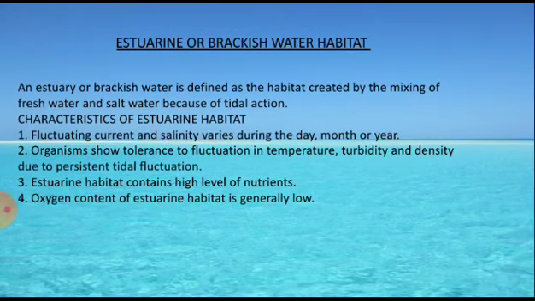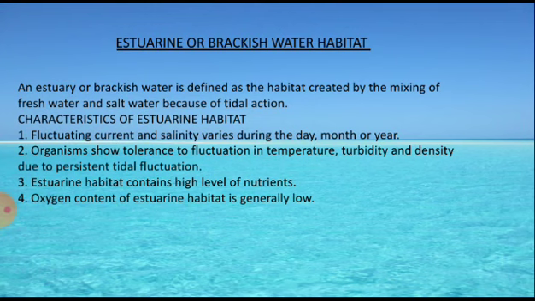Now, we look at the second type of aquatic habitat, which is the estuary or can be called brackish water habitat. An estuary or brackish water is defined as a habitat created by the mixing of fresh water from the inland and salt water from the ocean or seas because of tidal actions.